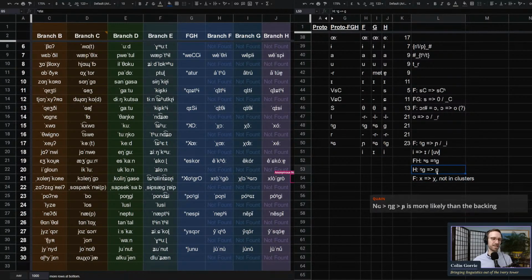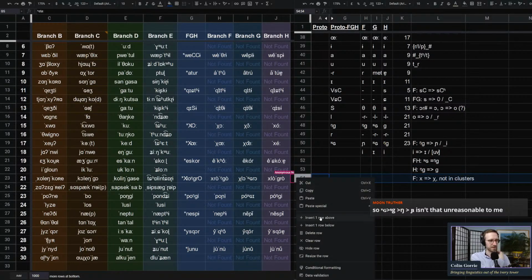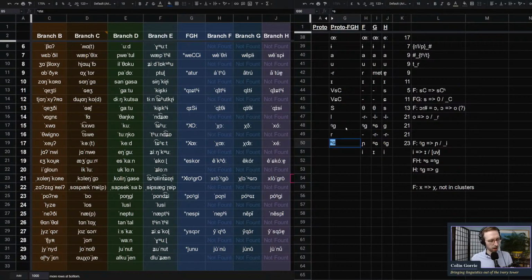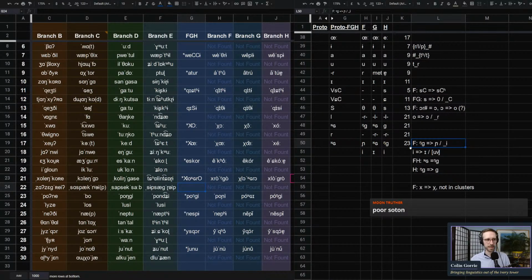Yeah, I agree. Starting out as a uvular does, I think, work. And then F. Okay, so have we accounted for this? We have G. And we go in this order.